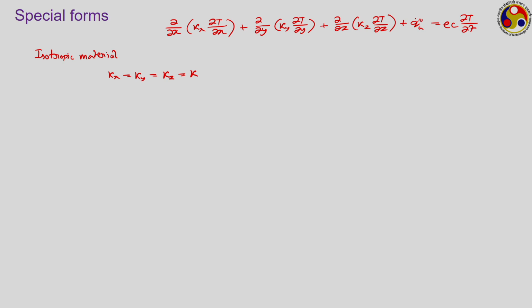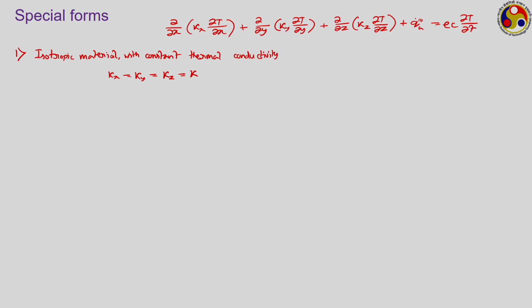But an even simpler situation arises when we consider an isotropic material with constant thermal conductivity. As we have seen in the previous lecture, thermal conductivity definitely varies with temperature, but if the temperature range we are concerned about is not very significant, the variation of thermal conductivity can often be neglected.